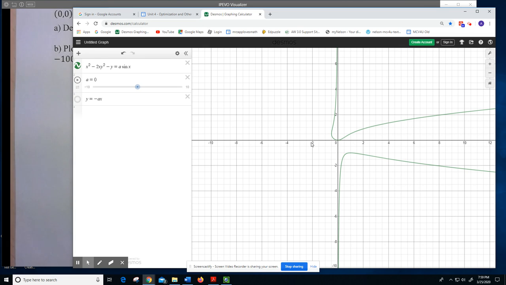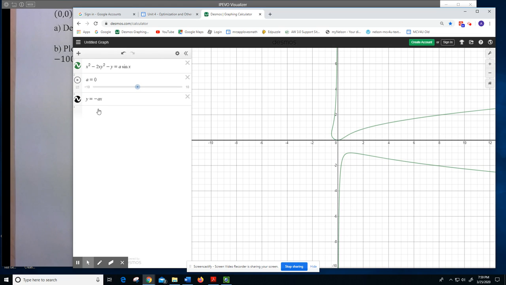It looks like the slope of the tangent is 0 here, okay? Now, that makes sense because if I look at the formula we determined for the equation of the tangent line, when a is equal to 0, I'm just going to have y equals 0. In other words, a horizontal line, which is what we see there.